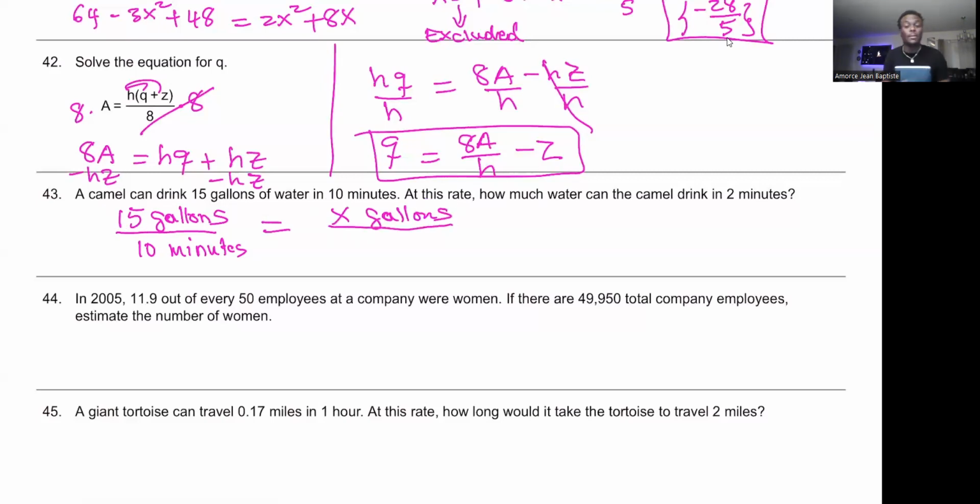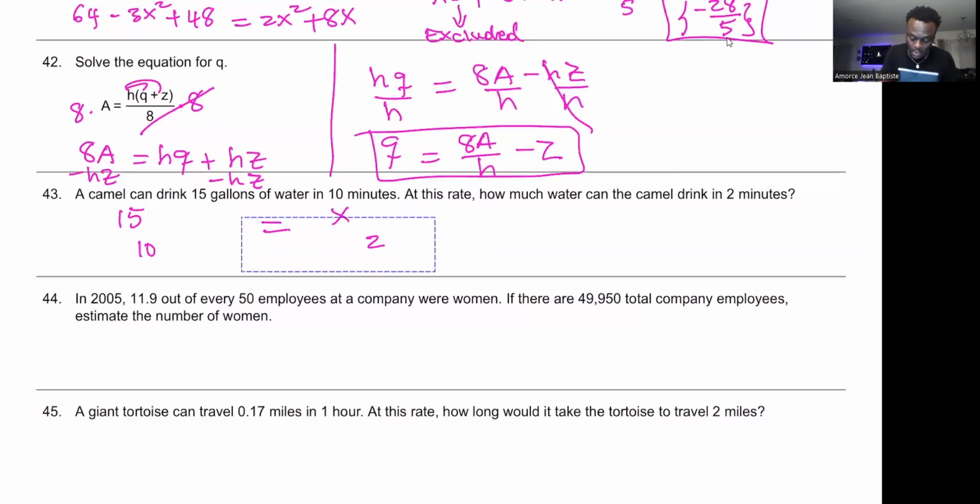At this rate, in 2 minutes, how much water will this camel drink? So that's going to be 2 minutes. I don't really need the minute and gallon information anymore. So now I know that I need to align them. And then my result will be in gallons because that's what they wanted me to find, right?